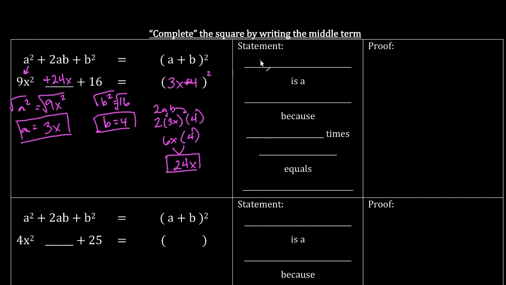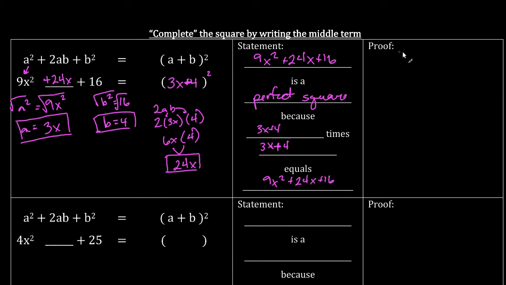So we know that this one right here, 9x squared plus 24x plus 16, is a perfect square, because 3x plus 4 times 3x plus 4 will give me 9x squared plus 24x plus 16.